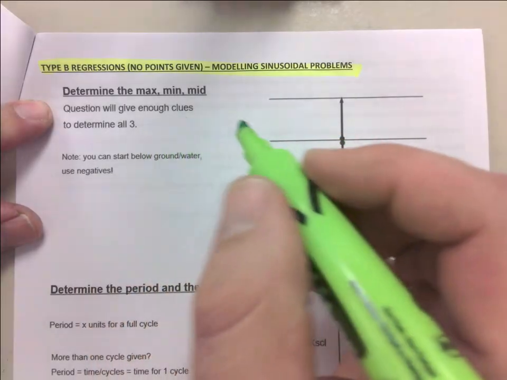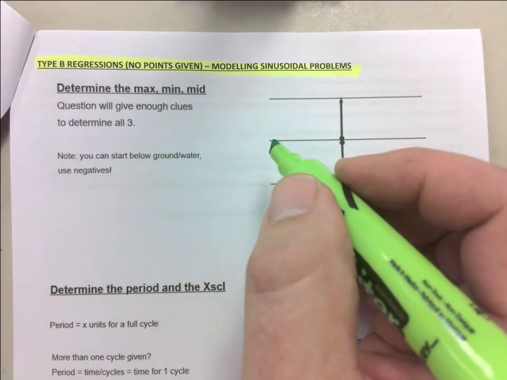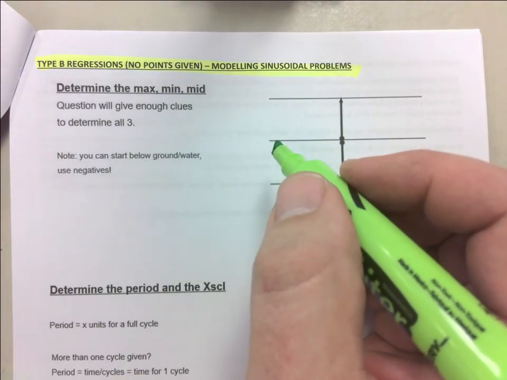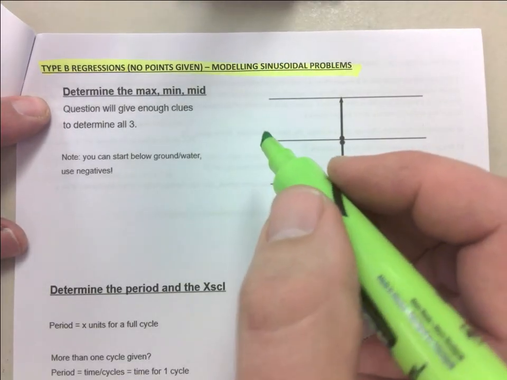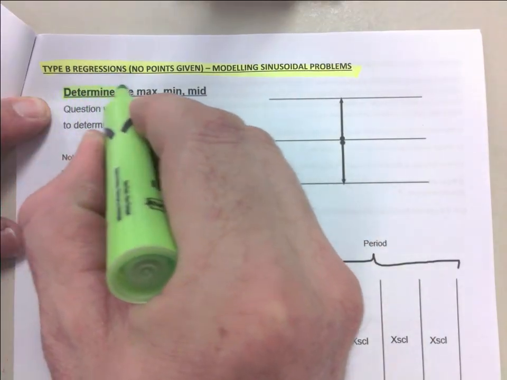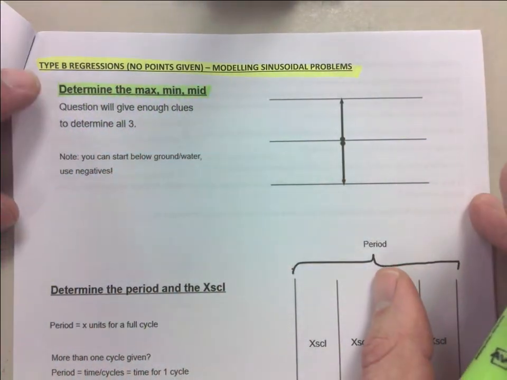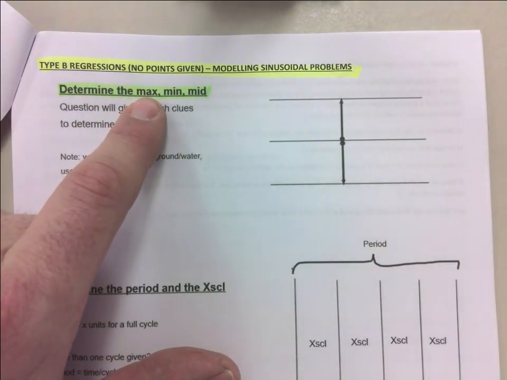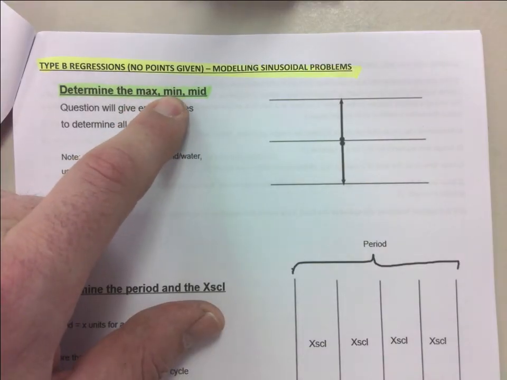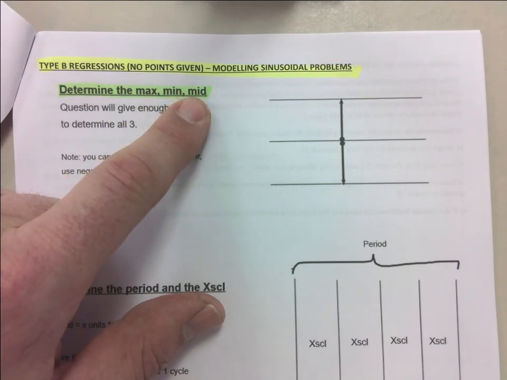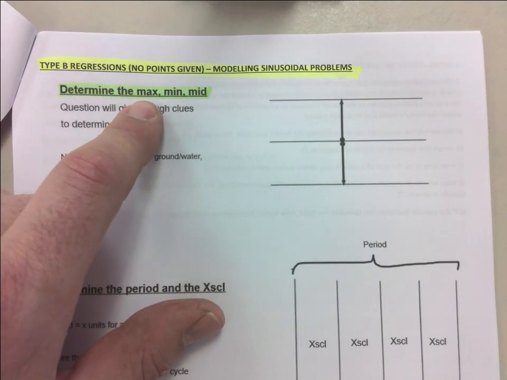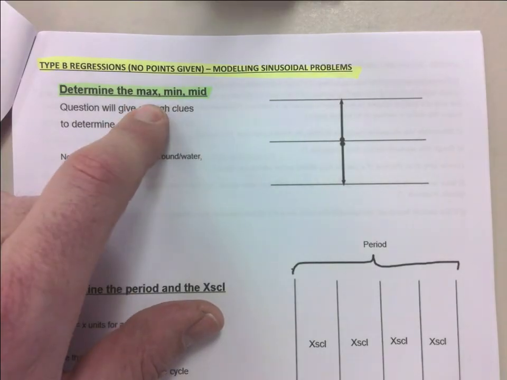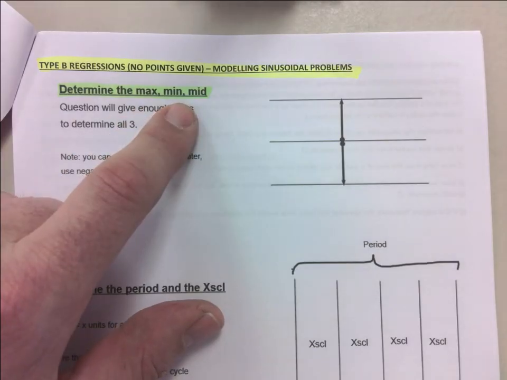When you read these questions, you will have no points given, you'll have no equation, so you don't know where it's going. Make sure you pay attention to this: you want to somehow determine what is the highest point in the situation, what is the lowest point, and what is the mid. They're not going to give you all three, but they're going to give you enough so you can figure out all three.